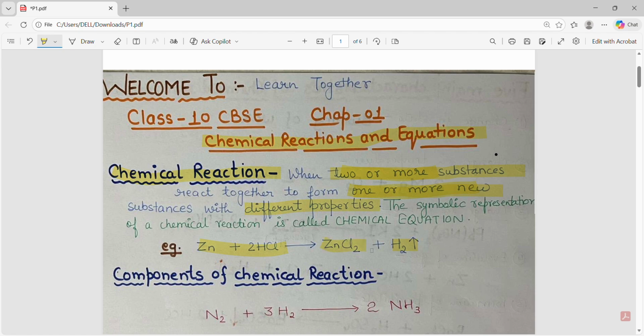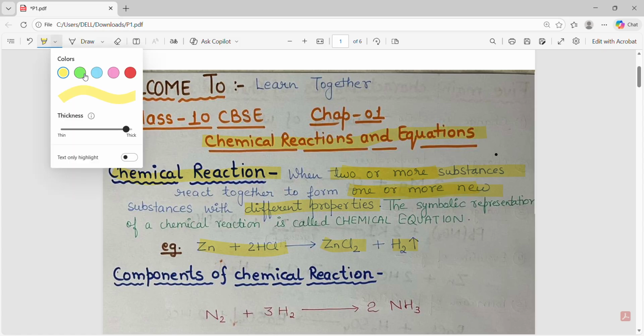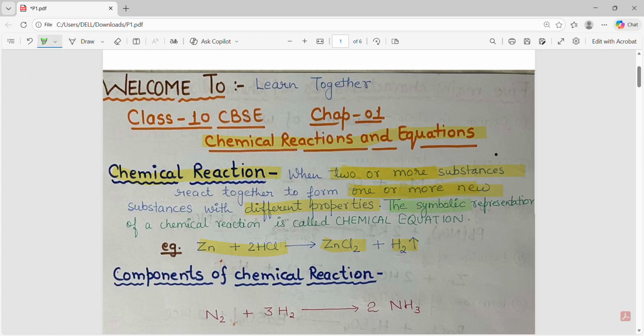Okay, so now the chemical reaction is there, but how are you going to write it down if you have to describe that reaction? The symbolic representation, symbolic means whenever you use symbols, of a chemical reaction is called a chemical equation.